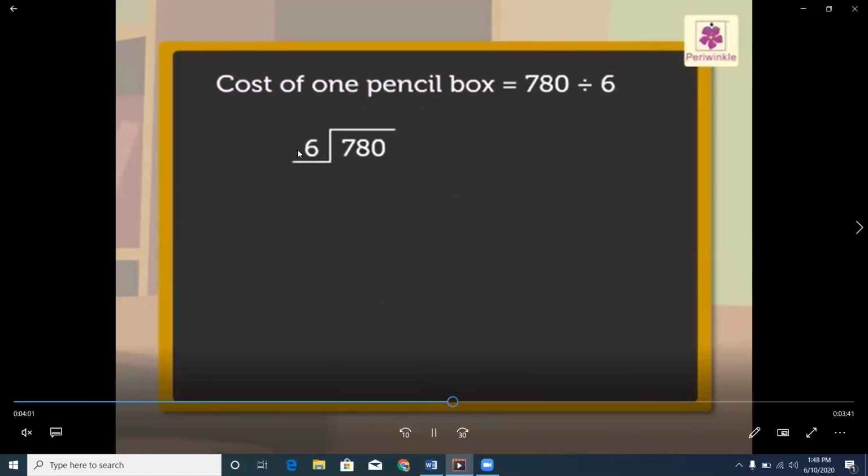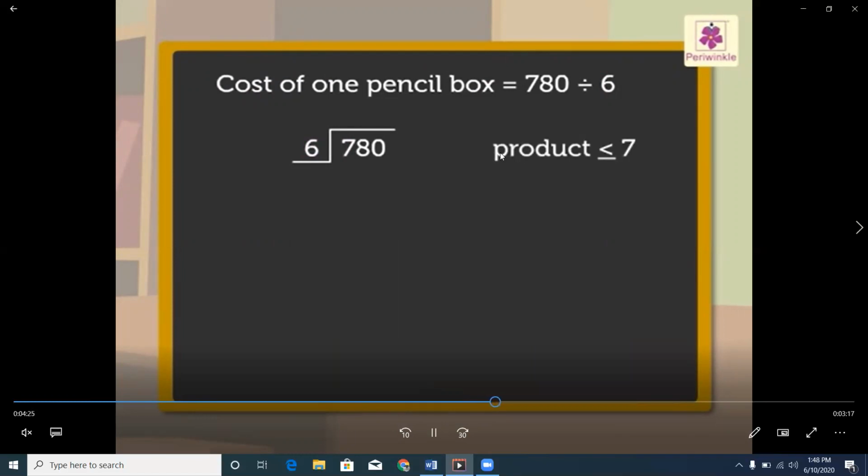780 is the dividend, 6 is the divisor, and as we have done in division, we have to read the table of 6 as a divisor. So 6 is a one digit divisor, so we will take just one digit, 7. 7 is divisible by 6, but not exactly divisible.